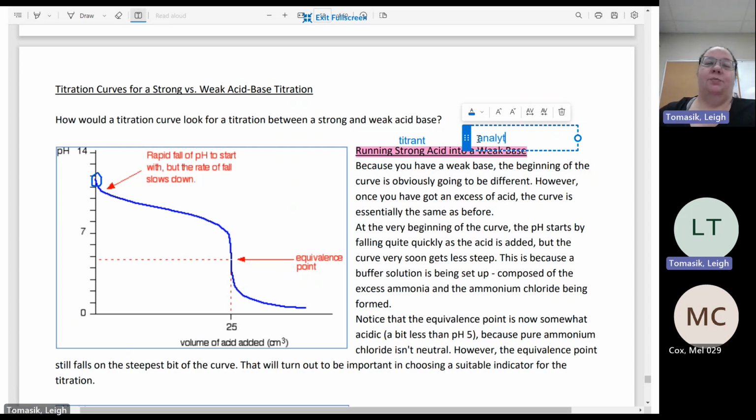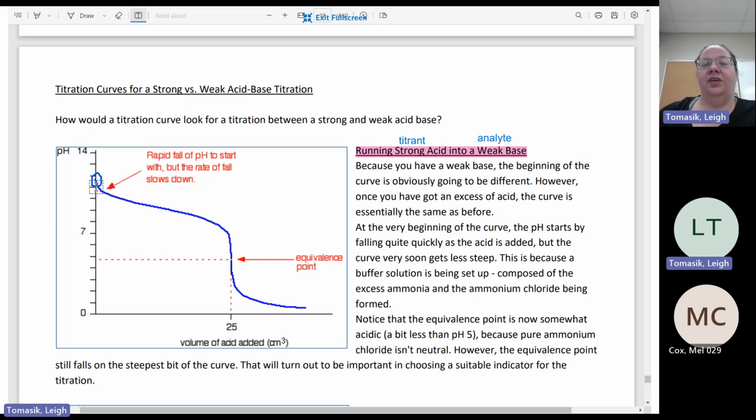Okay, because our analyte is a base, it'll start off above 7, but because it's not a strong base, it'll start off below 14. So a strong base starts off right at 14, and a weaker base will start off somewhere between 14 and 7. Okay, so you can look at the beginning point to determine whether a strong base or a weak base was a part of the titration.